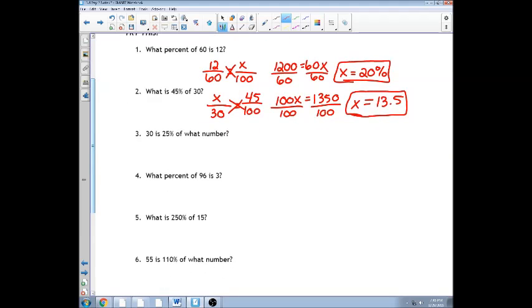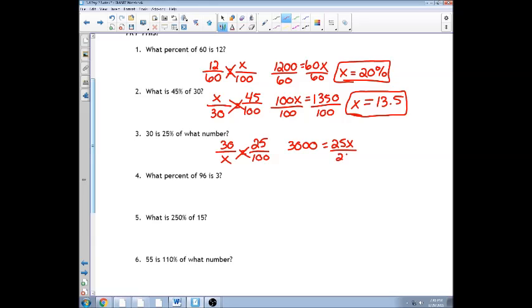30 is 25% of what number? So in this case, what are we looking for? We are looking for our of. So we do have our is, which is 30, over our of, which we do not know, so we need to use a variable there. We have our percentage, and that's over 100. Go ahead and cross multiply. We would get 3,000 is equal to 25x.